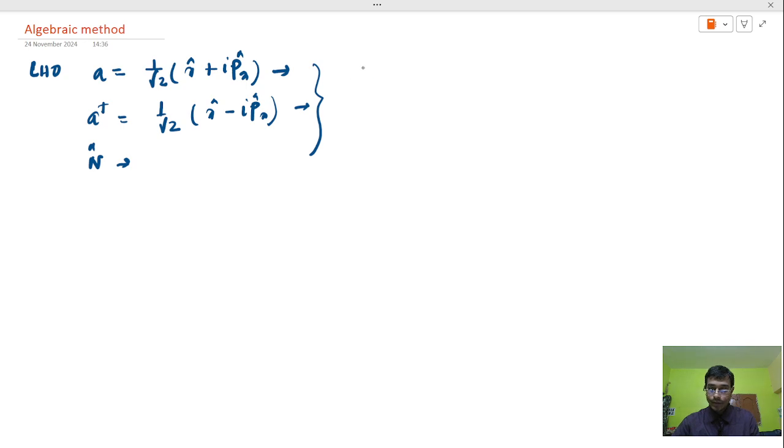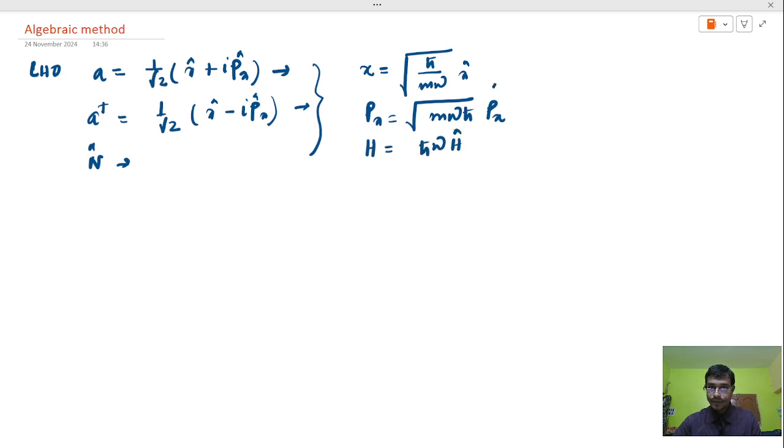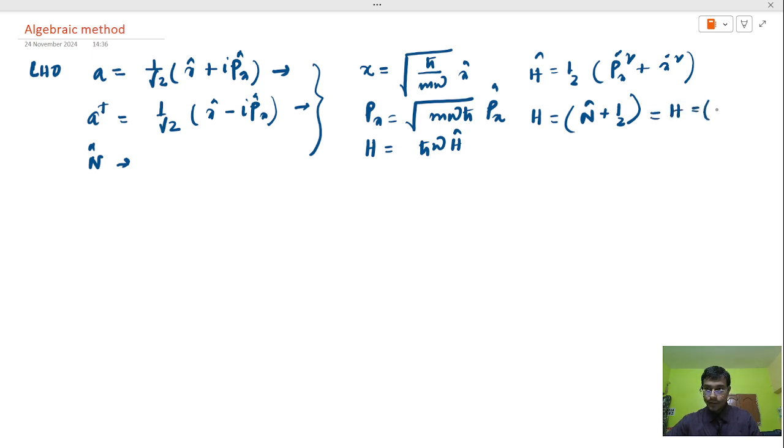Apart from this, we have x equals root over h cross by m omega times x cap, px equals root of m omega h cross times px cap, and the Hamiltonian H equals h cross omega H cap, where H cap is basically half (px squared plus x squared). Another form of the Hamiltonian is the number operator plus half, so H equals (n plus half) h cross omega.